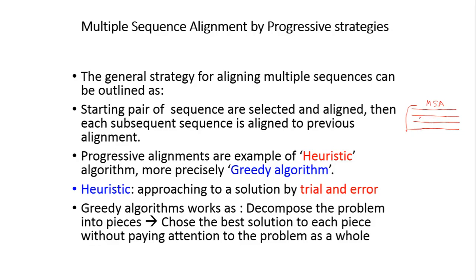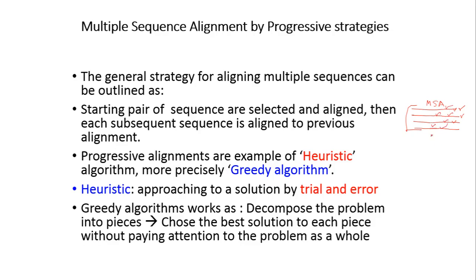Now, progressive alignments are a typical example of heuristic algorithms, and more precisely they belong to greedy algorithms. So what are heuristic algorithms? Heuristic is an approach to a solution by trial and error. For example, in this case you have multiple sequences, and you start out by aligning the first sequence with the second, then the first with the third, or the second and third, or the third and fourth, or the fourth and first.